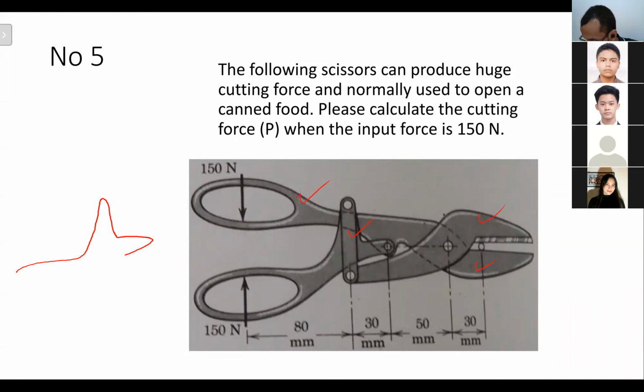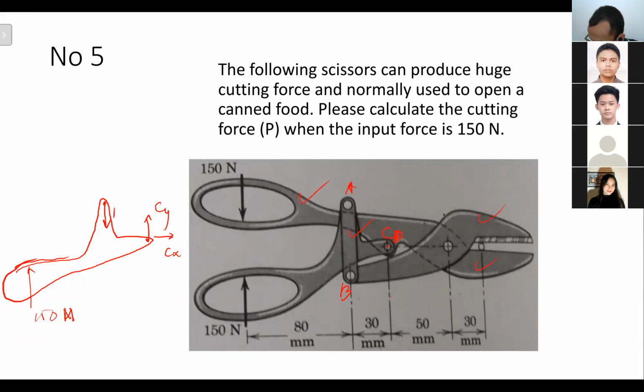Okay. So this is the first free body diagram. There is a 50 Newton force. Then beside that we have a two force member here. I call this point D, this point A, this point B, and this point C. Okay, Cx, Cy.